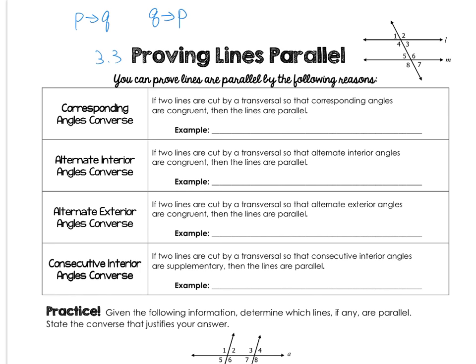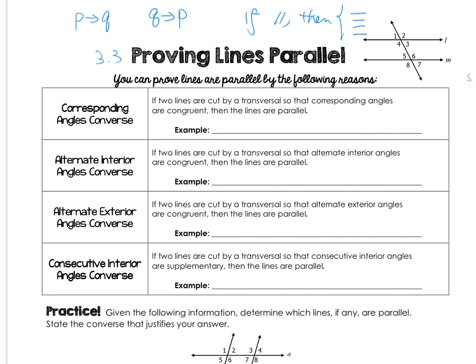So if you recall from the last unit, we said if two lines are parallel, then I have four pairs of angles. Three pairs are congruent and the last pair is supplementary, right? So in this unit, we simply switch them. Now you have the corresponding angles converse, which states that if the corresponding angles are congruent, then the lines are parallel.